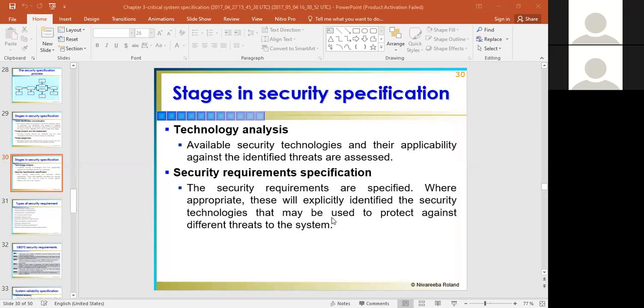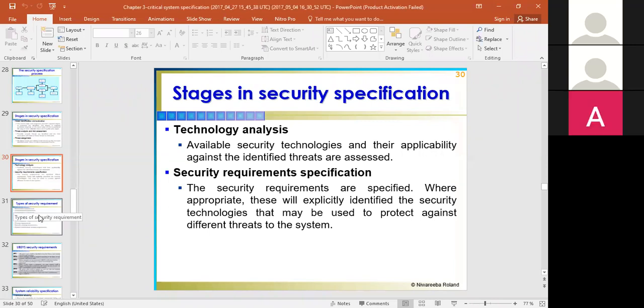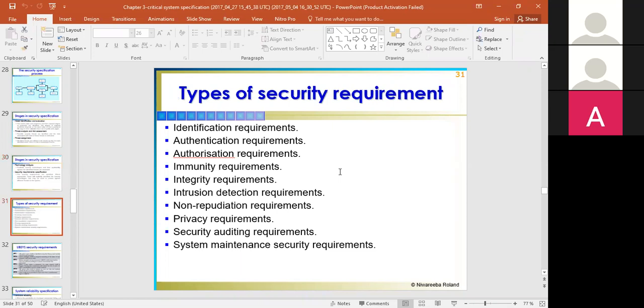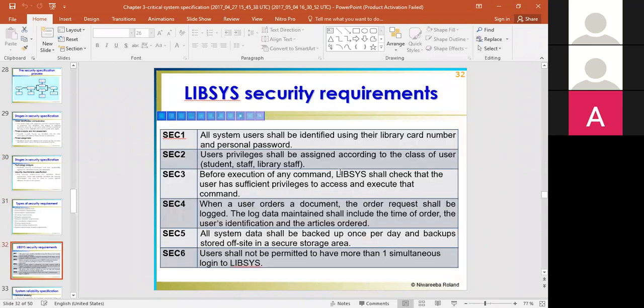So here they just give you some examples of types of security requirements, the different types that will take care of particular areas. But more interesting is the example they give of LIBSYS.